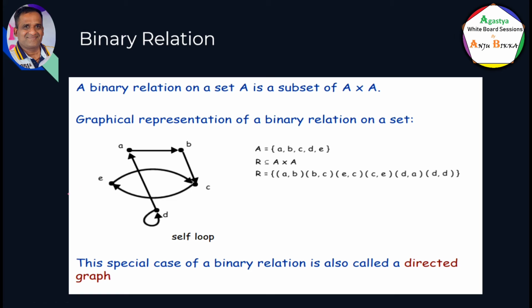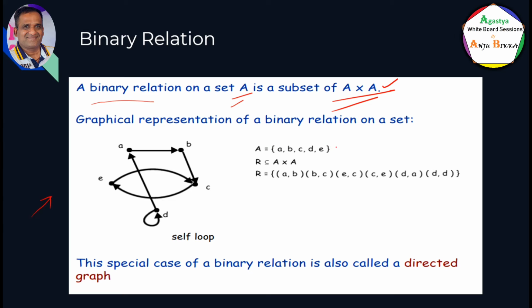Now, how will we represent a directed graph by using a binary relation? For example, a binary relation on set A is a subset of A cross A, the Cartesian product.